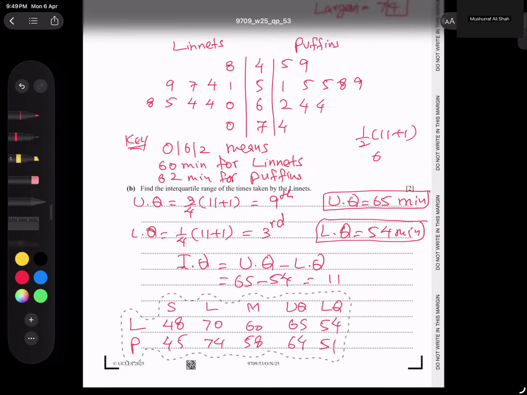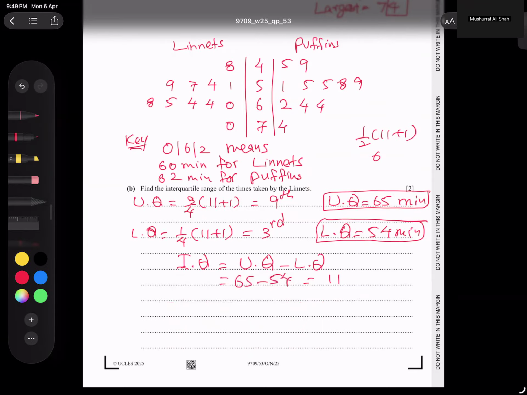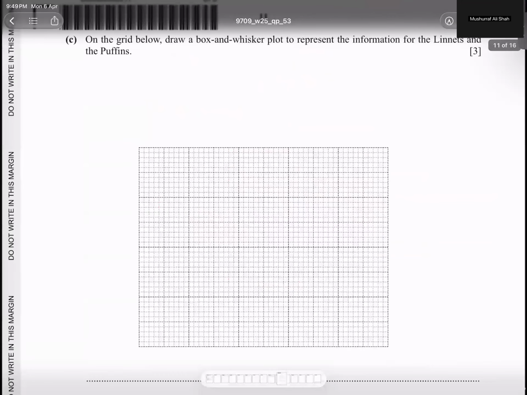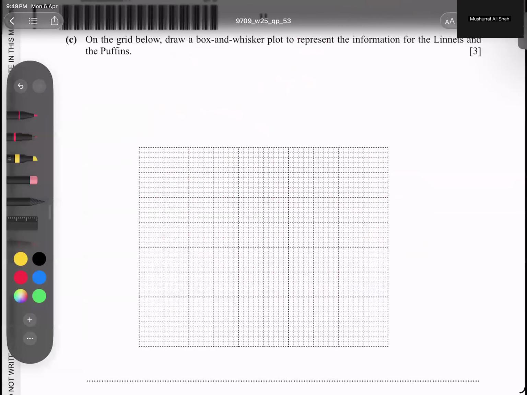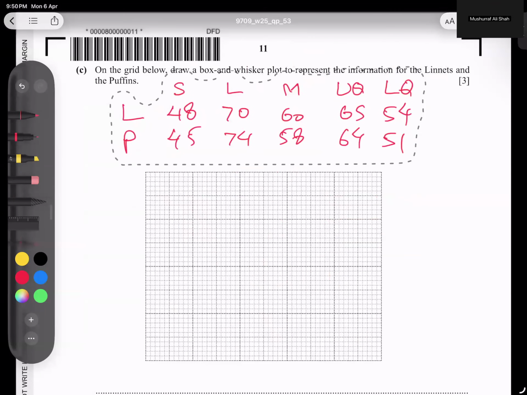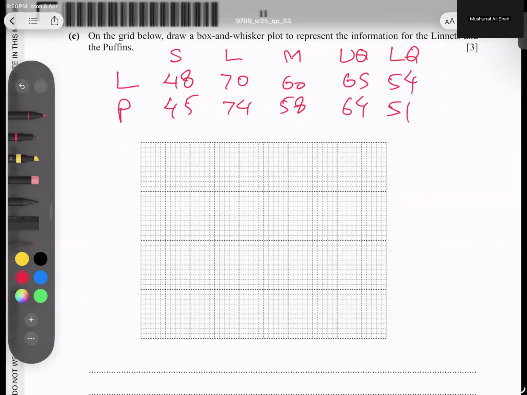I am going to cut from here and paste on another page. All right. So data is available with us. Now, students, what to do? You can see the highest and lowest. This is the most important part, the highest and lowest point. So 75 from here and 45 from here.